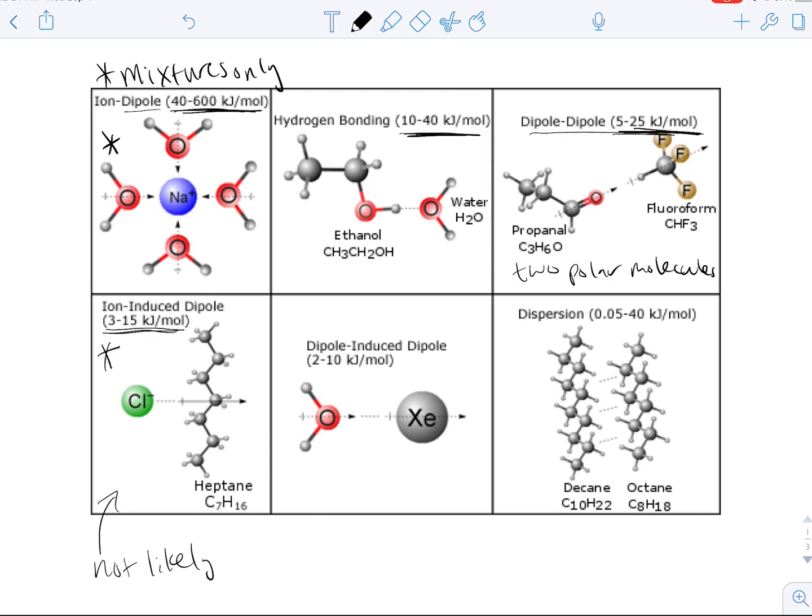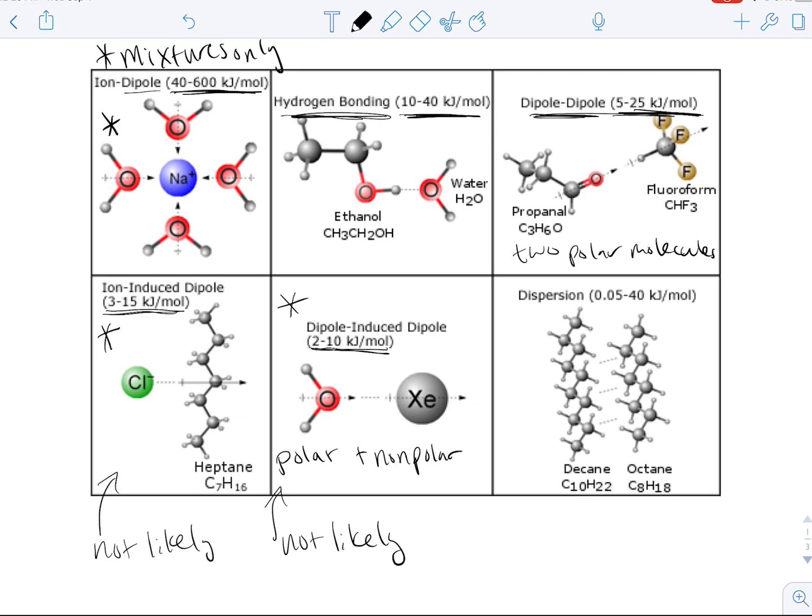Our next one is dipole-induced dipole. With dipole-induced dipole, we're going to have something that is polar plus something that is nonpolar. This is again in mixtures only and also not likely, because we're talking about having to break dipole-dipole interactions or hydrogen bonding interactions in our solvent, and then placing in a very weak force.